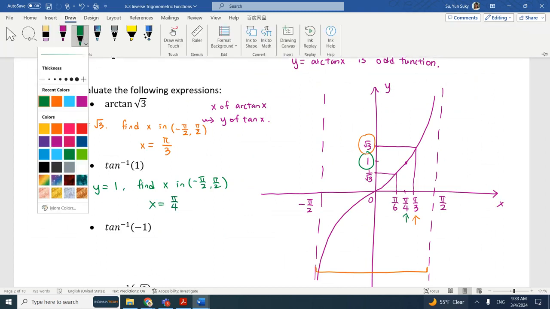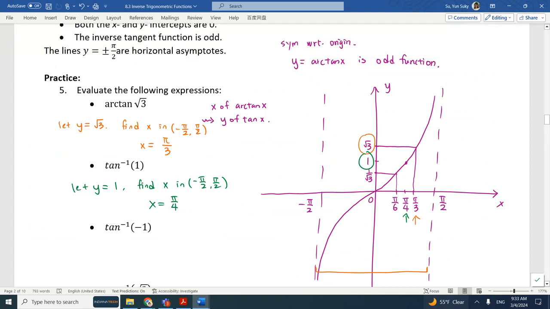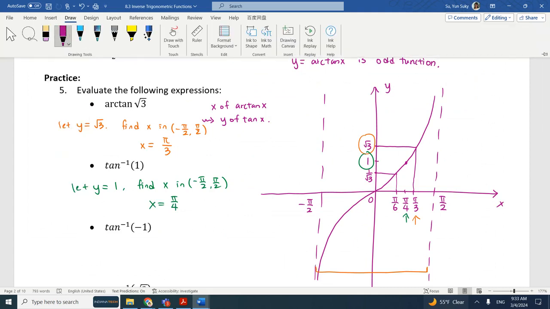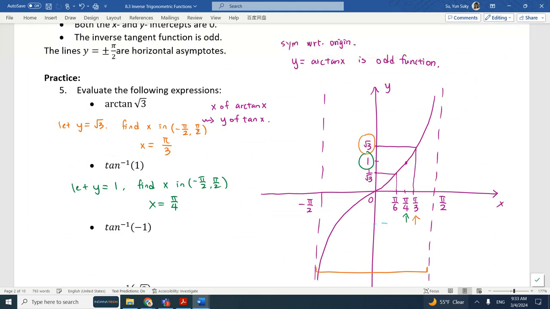How about arctangent of negative 1? Do you see here, if this is 1, a negative 1 will be here, right? Everybody? Yeah, this is 1, and this is negative 1. So we draw the negative 1. I think my graph is not so good, because you can compare the numbers here.